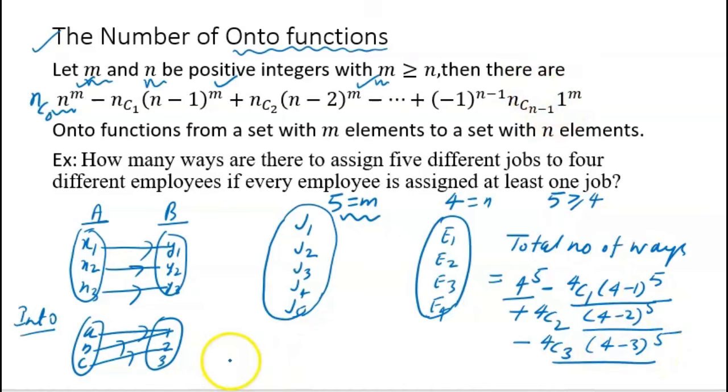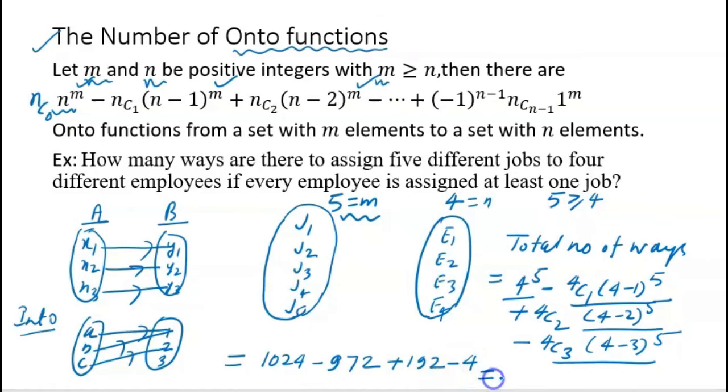So if I simplify this, 4 to the power 5 is 1024 minus 4C1. 4C1 is equal to 4, and into 3 to the power 5. If you calculate, this value will be 972. Then 4C2 and into 2 to the power 5. If you calculate, this value will be 192, and minus 4C3 is equal to 4, and 1 to the power 5 is 1, so it will be 4.